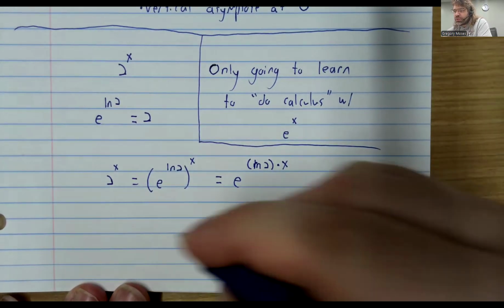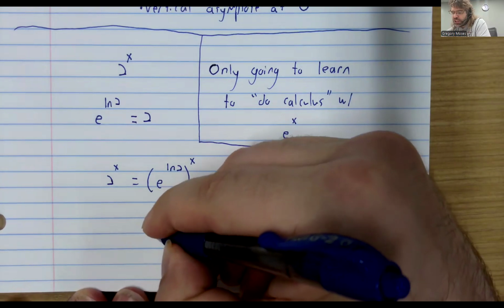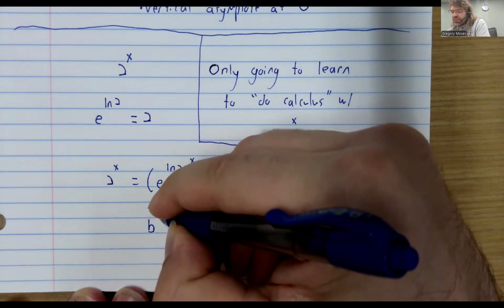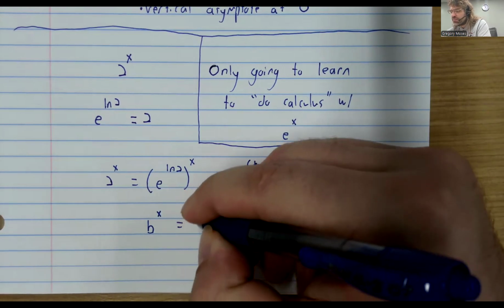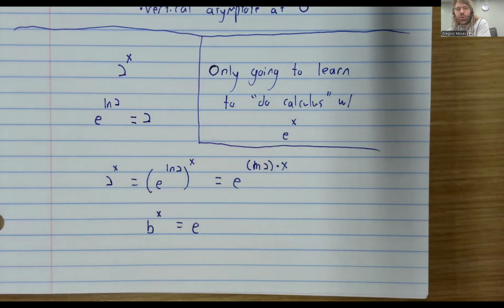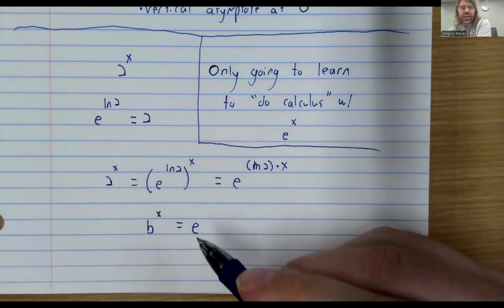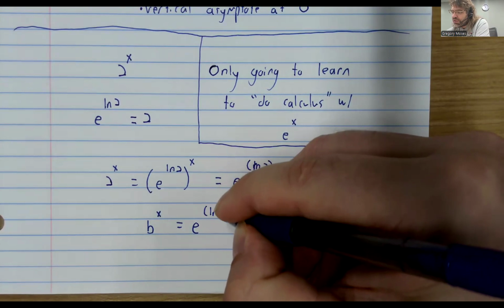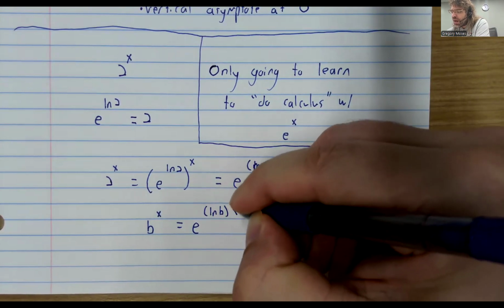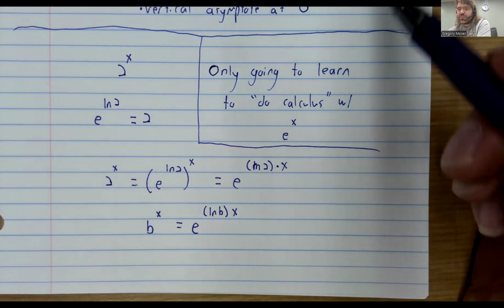I don't know that you need to commit this to memory, but it's really significant that if you have a base other than e, if you have b to the power of x, you can always rewrite that as e to the natural log of the base times x.